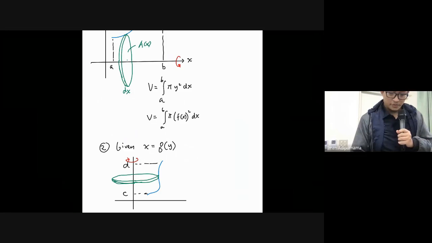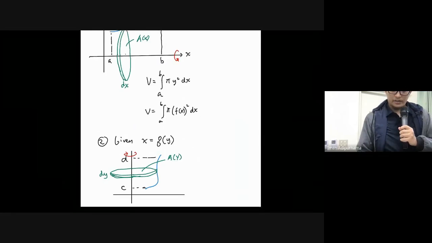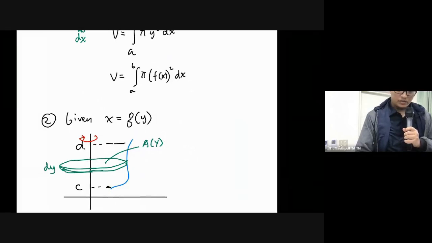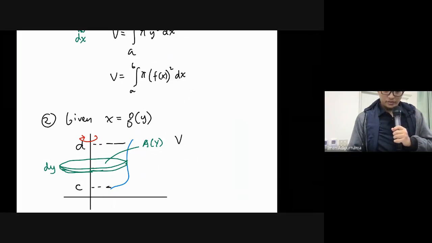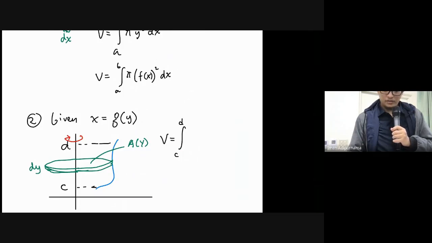And now it's not dx, but dy. We can write the volume as the integration from C to D of pi x squared dy. Okay.